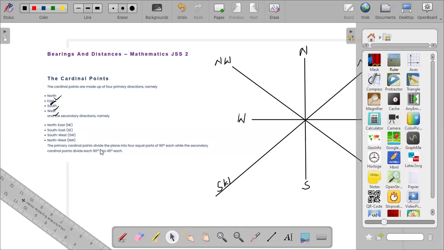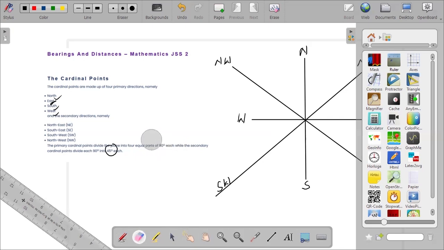The primary cardinal points divide the plane into four equal parts, and each of these parts is 90 degrees. But the moment we divide that 90 degrees again to form the secondary cardinal points, each of them is 45 degrees. So 90 divided by 2 is of course 45.